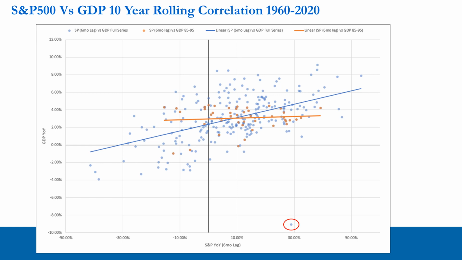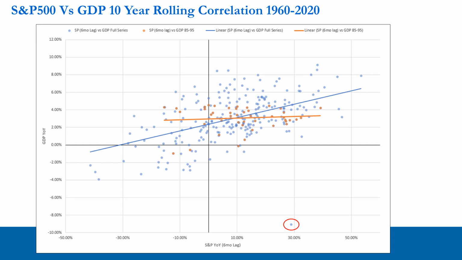What happens when we look at the bottom right quadrant? Well, this is when GDP is reported down and S&P 500 returns with the lag are reported up. So the top left and the bottom right quadrant is when these two variables are moving in the opposite direction.